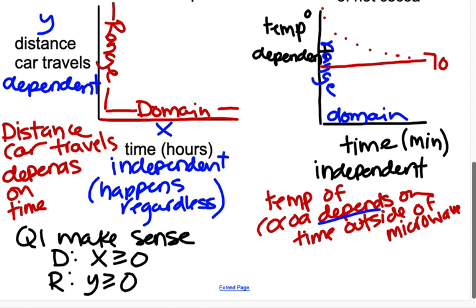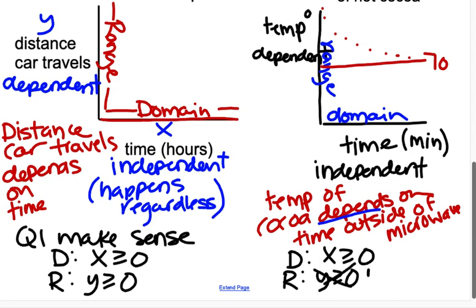How about the cocoa? Quadrant 1 makes sense, so I'm going to say my domain, the time, X is greater than or equal to 0 in minutes. We're not going to look at what the temperature is at -3 minutes. And now here's where you could get a little creative with the range. You could just say, I want to know when the temperature is greater than or equal to 0.